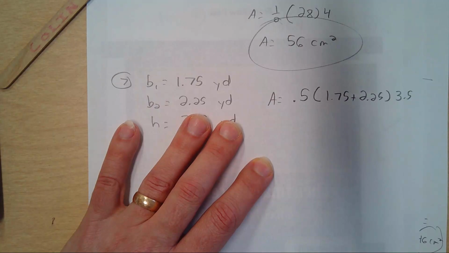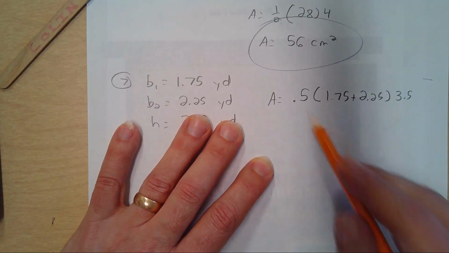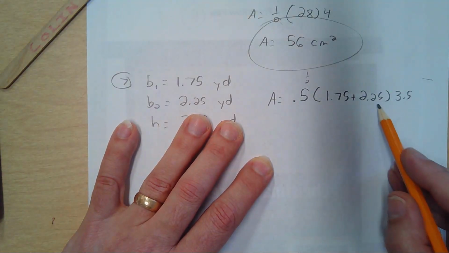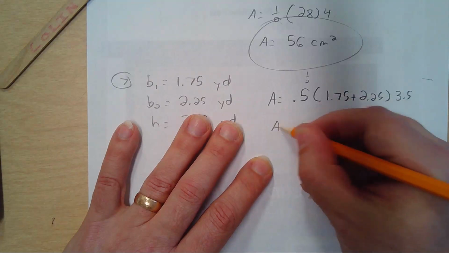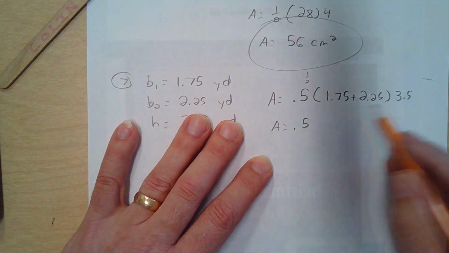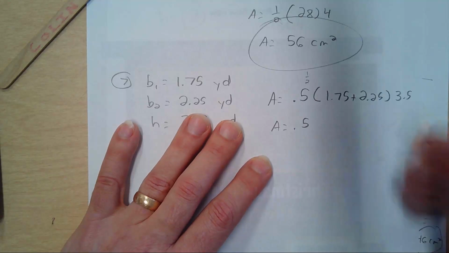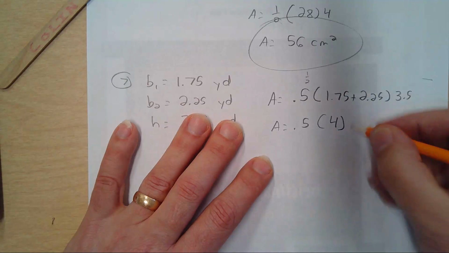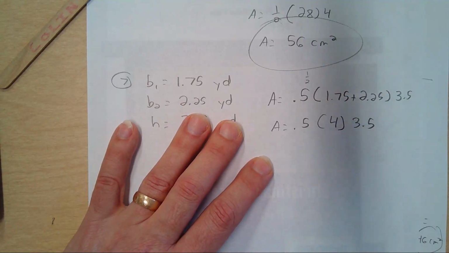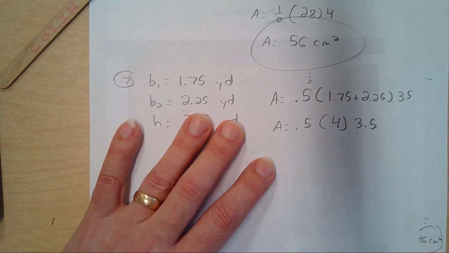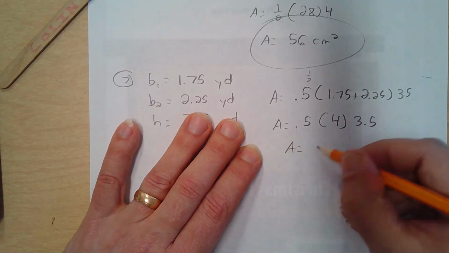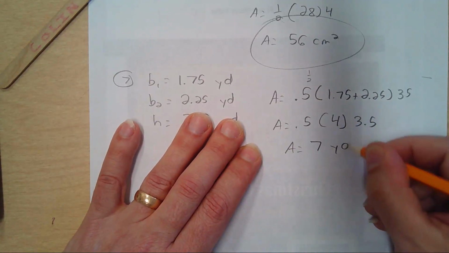So there's my 1/2. Base 1 plus base 2. Next thing I'd want to do is add these two values together. Should give me 4 times the height, which is 3 1/2. Half of 4 is 2. And 2 times 3 1/2 is 7. Okay, so I was close.